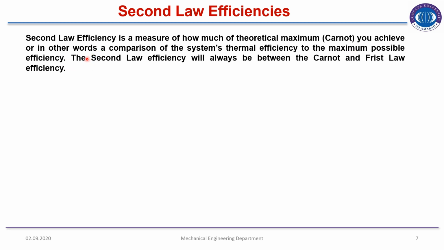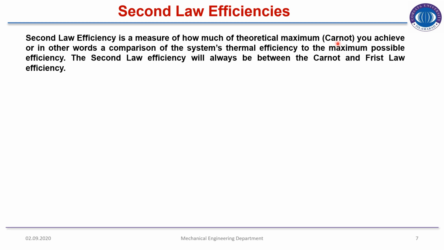You know that the Carnot cycle we have already discussed, the cyclic heat engine. We know that the Carnot cycle is based on 4 reversible processes, and the maximum thermal efficiency that can be achieved by any reversible heat engine can never be greater than the Carnot efficiency.